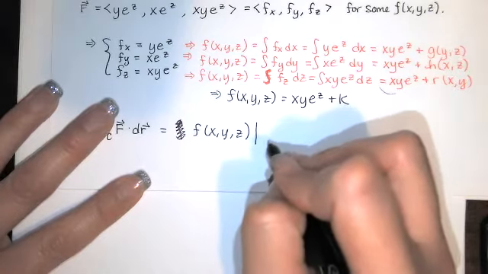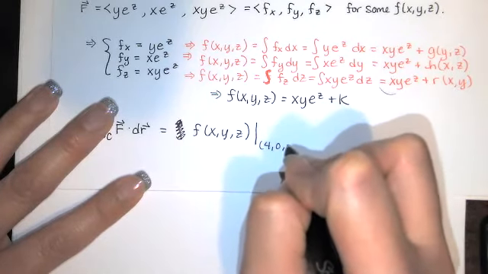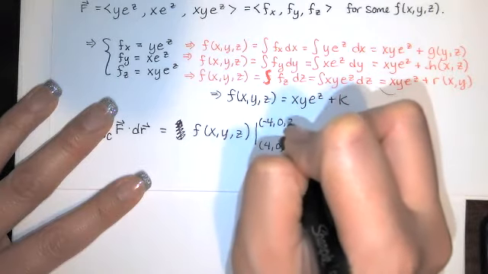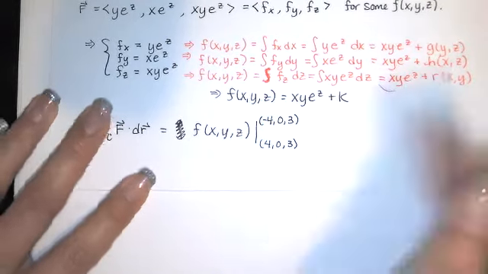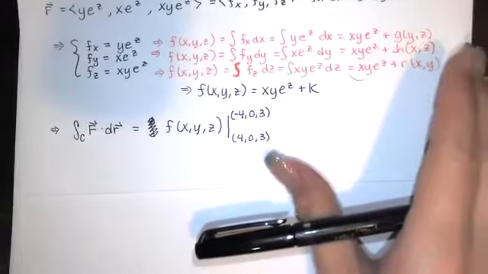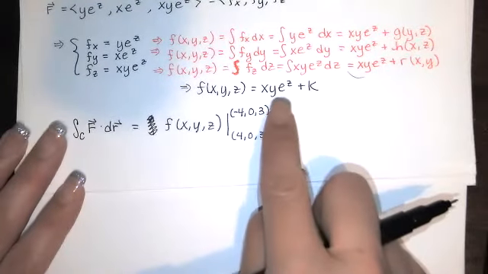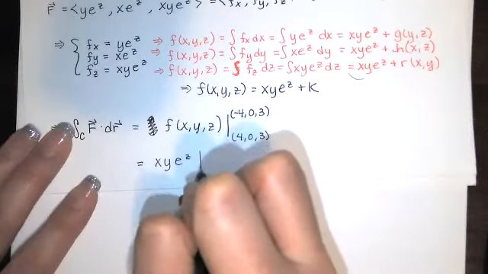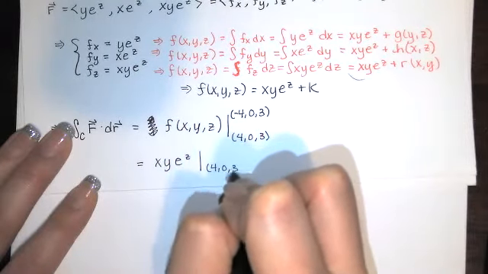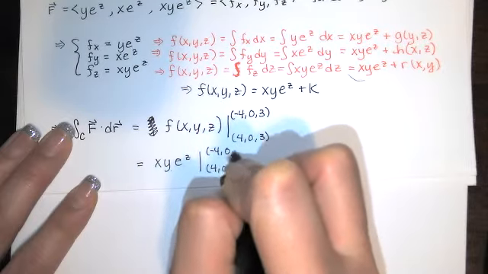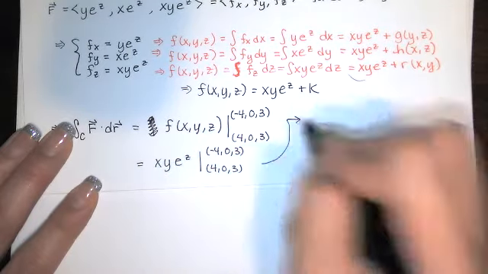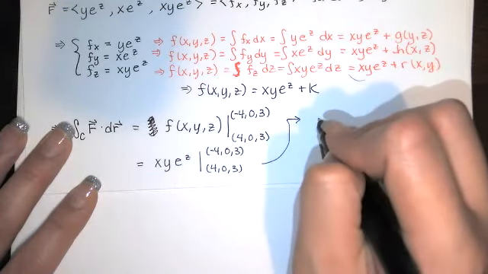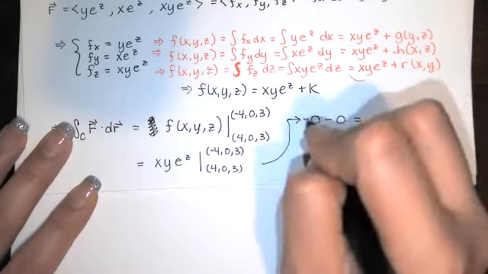Now, the initial point was 4, 0, 3. The terminal point was negative 4, 0, 3. So we want to evaluate at the end point and then the starting point and then subtract. And this is our potential function. It's just x, y, e to the z. Well, y is 0. So we get 0 minus 0, which happens to be 0.